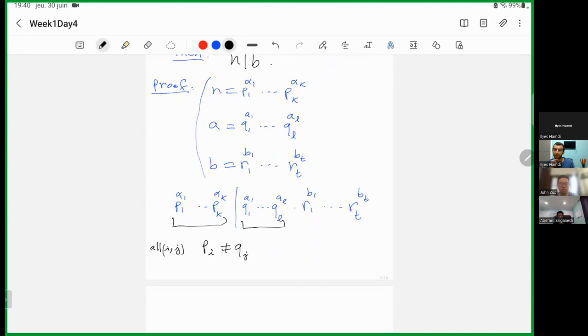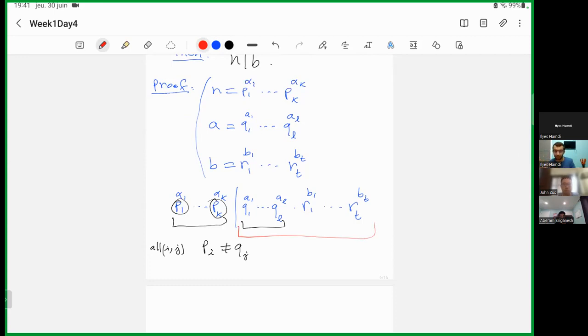But then if I want n to divide a times b, because this is what I know, then I need to find those prime factors somewhere in the product, which is here. Remember they're building blocks. If I don't find the building blocks in the product, this means the divisibility is wrong.